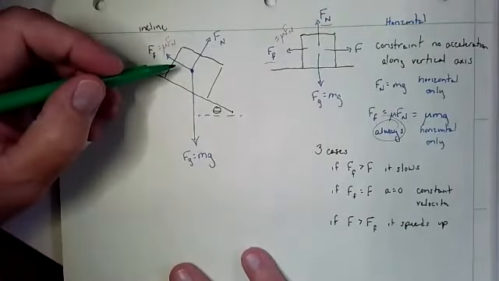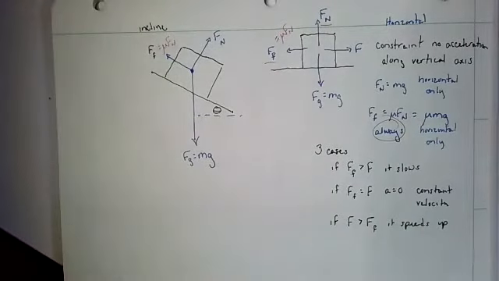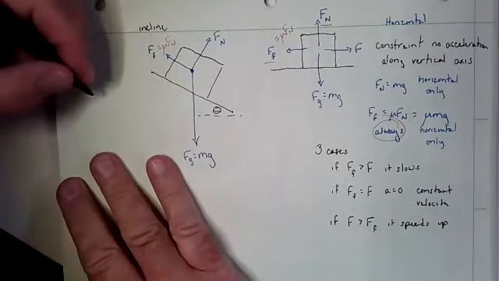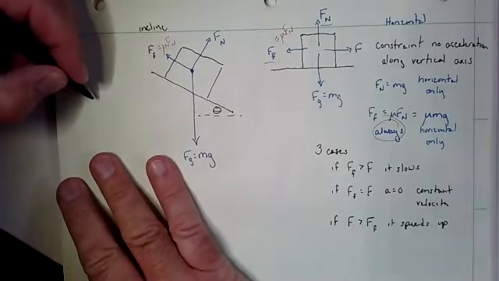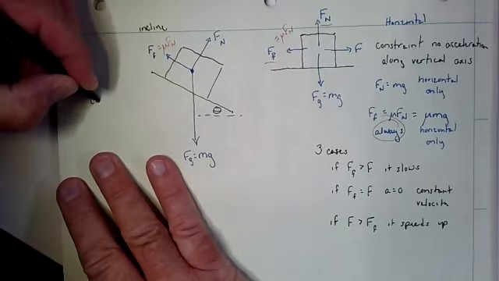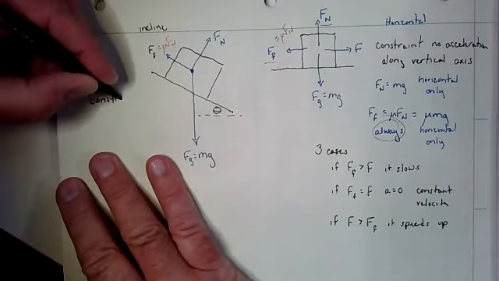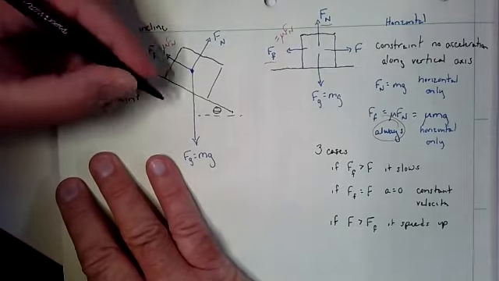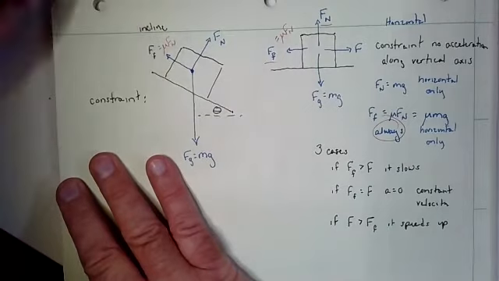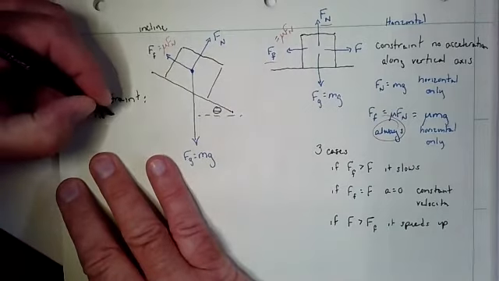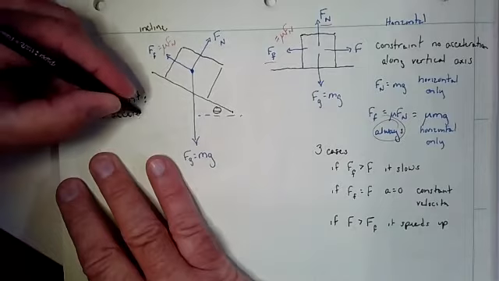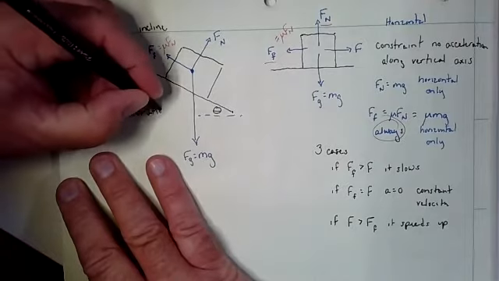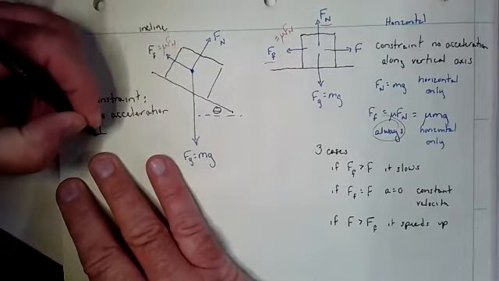Over here, the constraint has changed. And so the constraint is no acceleration perpendicular to the incline.